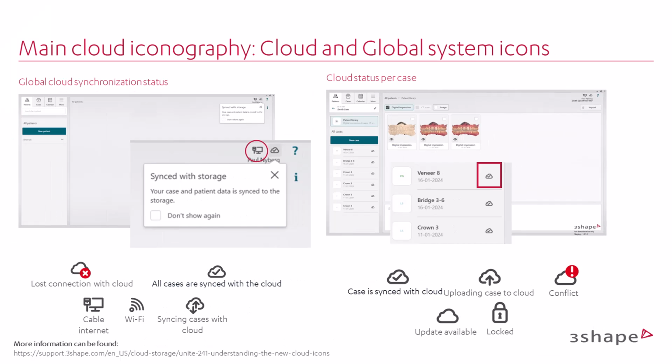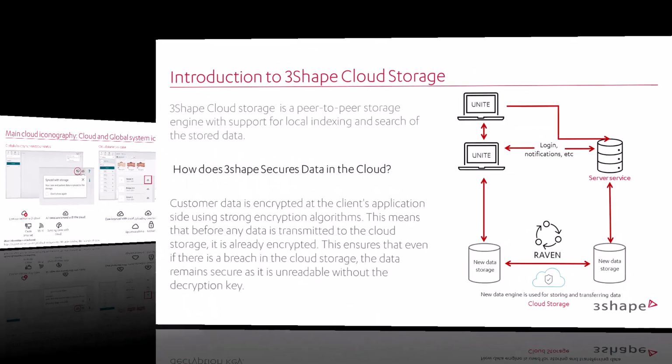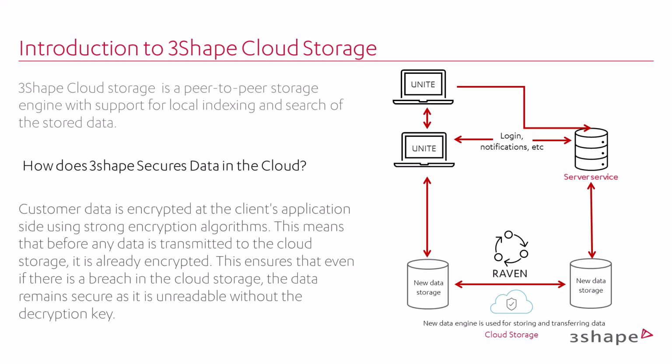Unite 24.1 will introduce a new series of icons to help end users understand the current status of each device and case in comparison with the cloud storage service. 3Shape Cloud Storage employs a peer-to-peer storage engine with built-in support for local indexing and search functionalities for stored data. To ensure data security, 3Shape employs robust encryption algorithms that encrypt customer data at the client's application side.